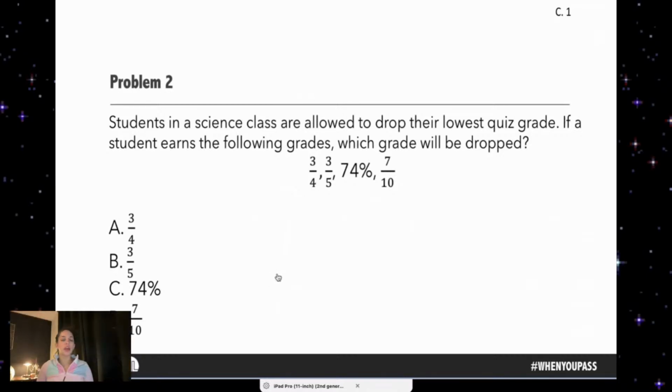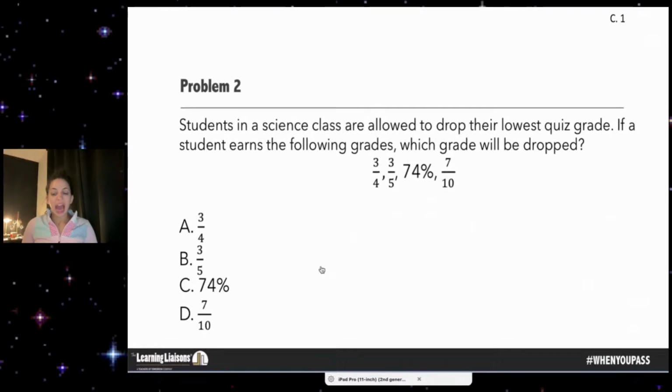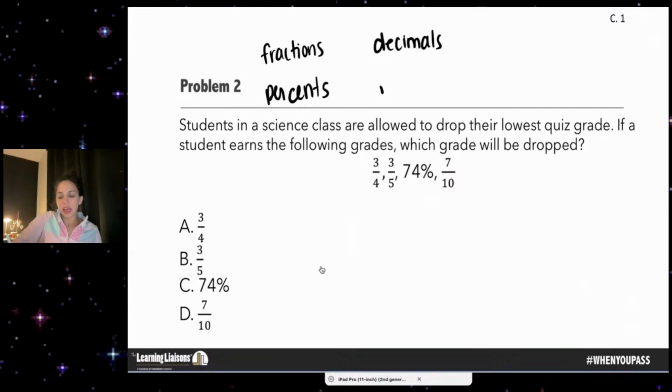So if I'm trying to figure out which one of these is the lowest, I need to put them all in a form that allows me to really compare and contrast them. So I have fractions here and I have percents here, but really fractions, decimals, percents, and ratios are all kind of in one big, happy, extended family.